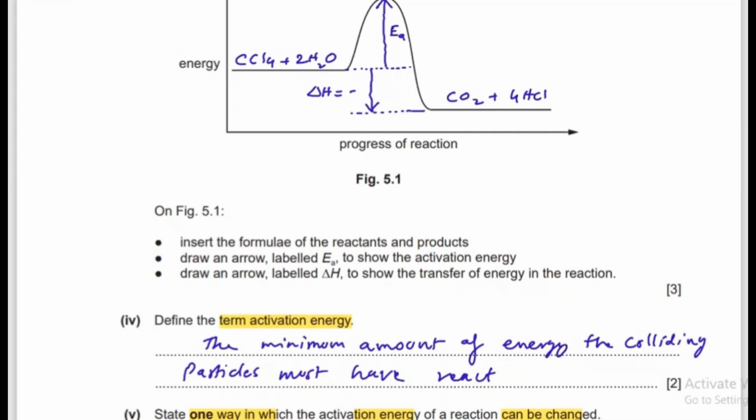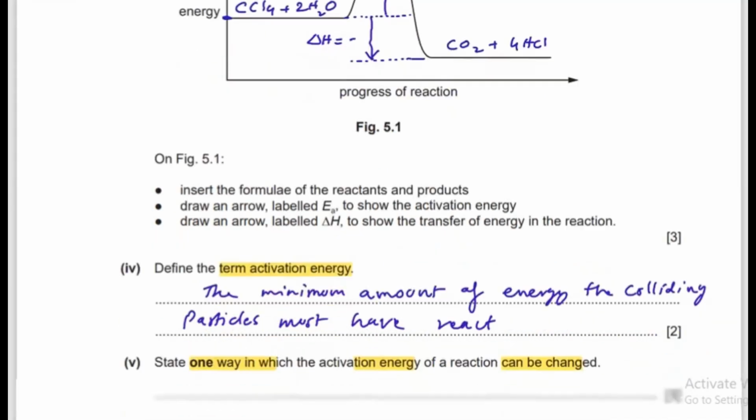Because this much energy is required for the reaction, and the reactants have this much energy. So if reactants want to convert into the product, definitely we can increase the energy. So this much energy will be provided by these reactants, and then bonds are broken, and we will get the new combination to get the products.